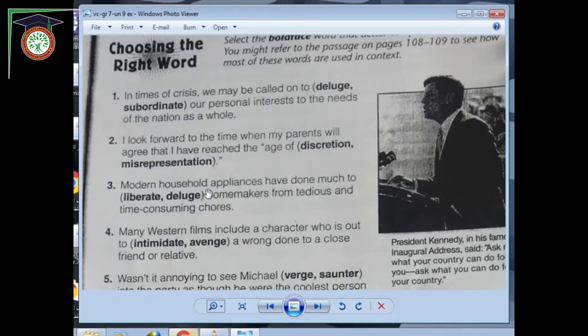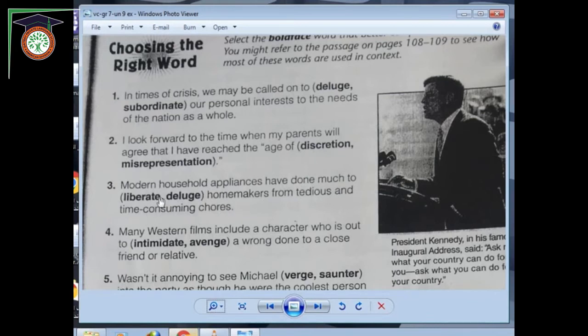3. Modern household appliances have done much to liberate or deluge homemakers from tedious and time-consuming chores. Alright, appliances are sets or machines or gadgets at home that help housewives and so on. Modern household appliances like dishwashers and washing machines and so on have done much to what homemakers from tedious and time-consuming chores, time-consuming pieces of work.